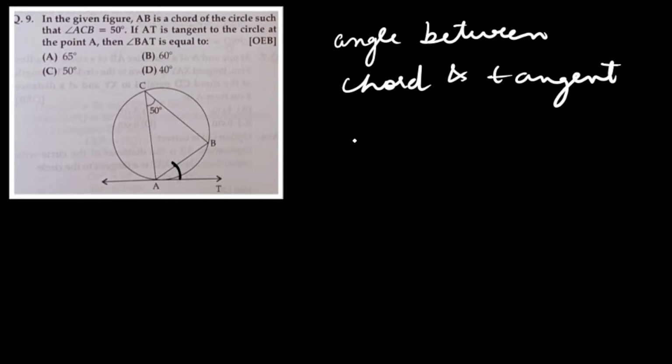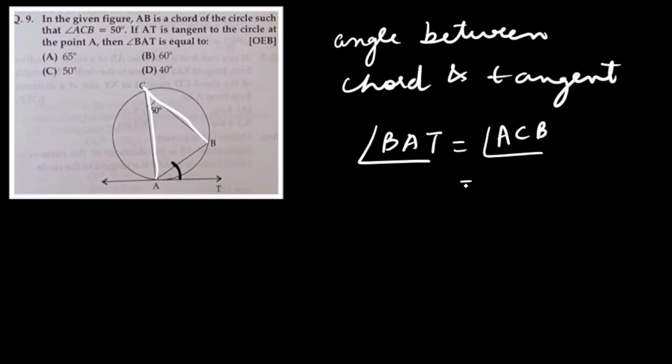So this angle BAT is between chord and tangent. The endpoints of the chord meet at this angle ACB. So BAT is equal to ACB, which is equal to 50 degree. So option C is the correct answer.